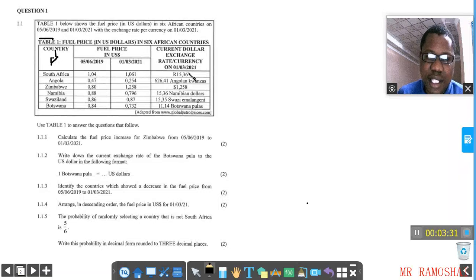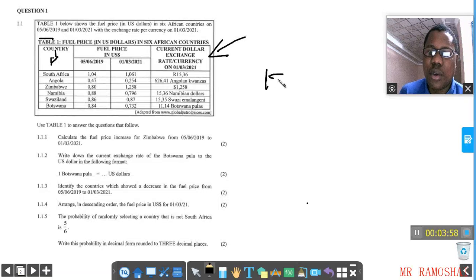Then what is happening in this column? In this column, they show us the exchange rate between dollar and other currencies, right? So for example, the first one here, they say current dollar exchange rates for currency.